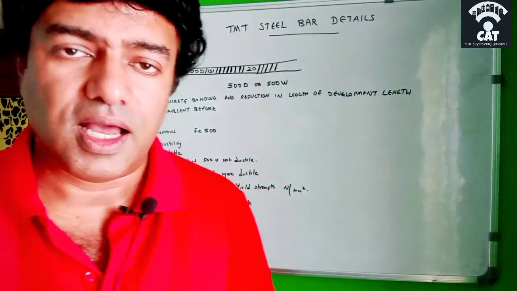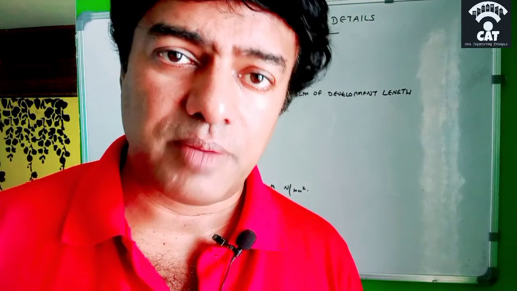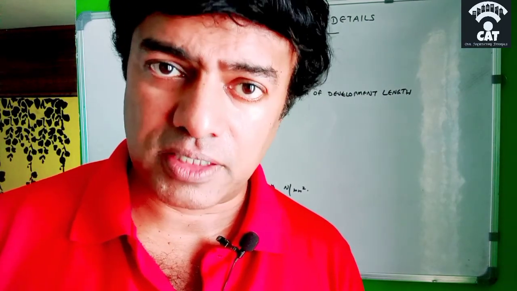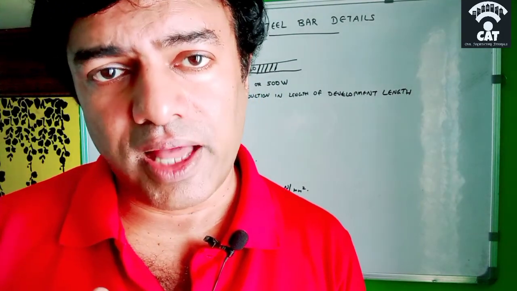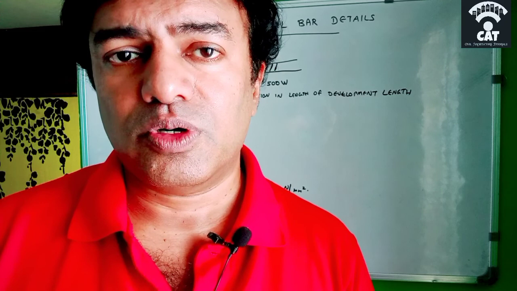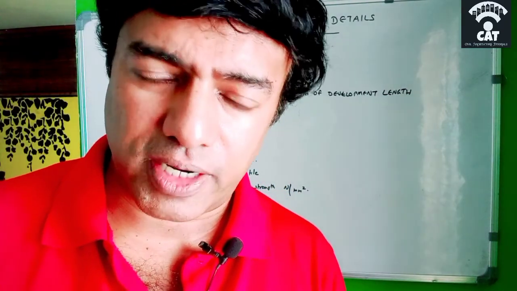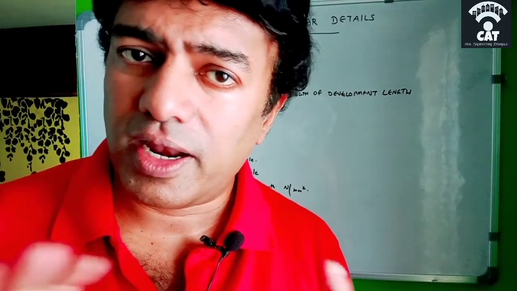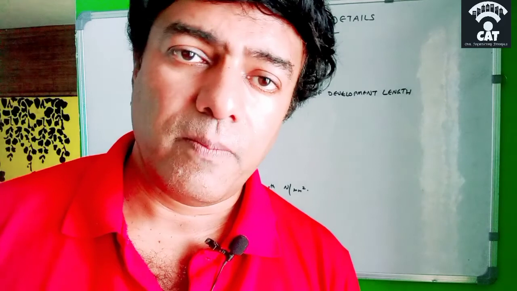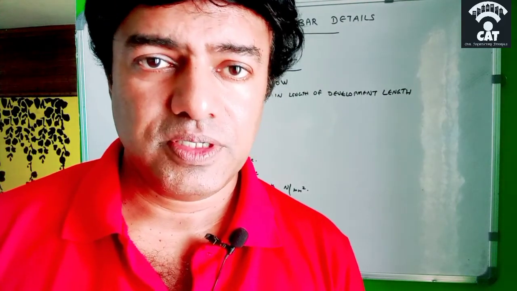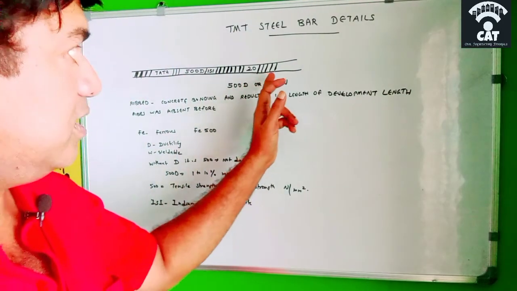And since the rib is introduced, the development length can be reduced compared to the development length we give for the plain rod. Development length is called the anchorage length. Since the rib itself gives a lot of anchorage with the concrete, the development length can be decreased compared to the prior steel bar. That is the function of the ribbing. This is called ribbed steel bar.